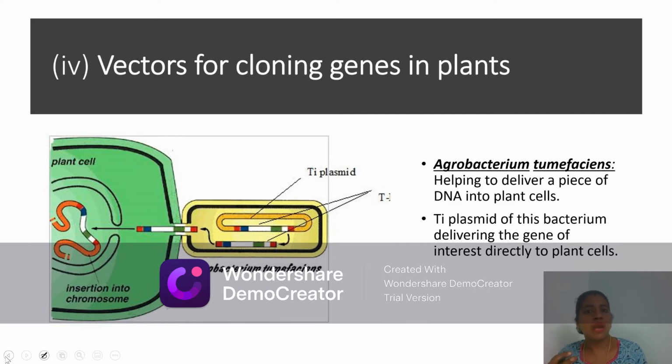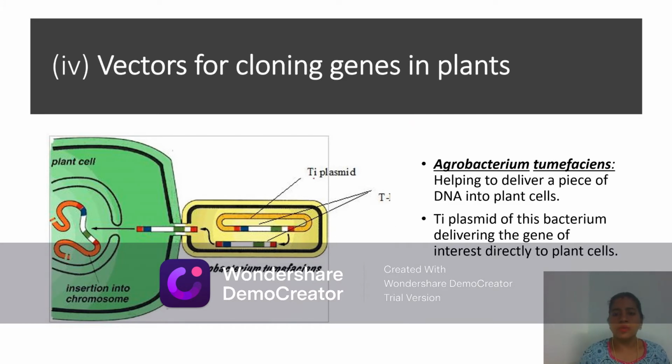That's the reason for the topic, vectors for cloning genes in plants. If you want to clone a particular gene in plants, what kind of vector will you use?